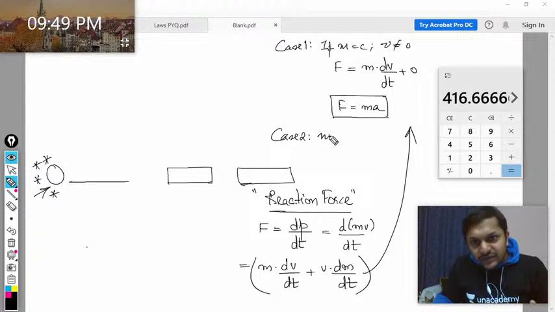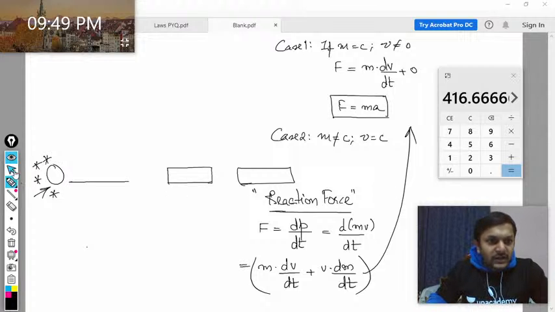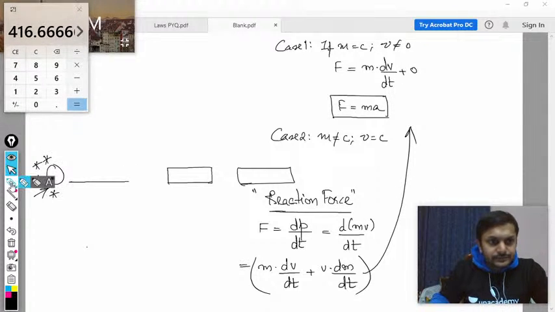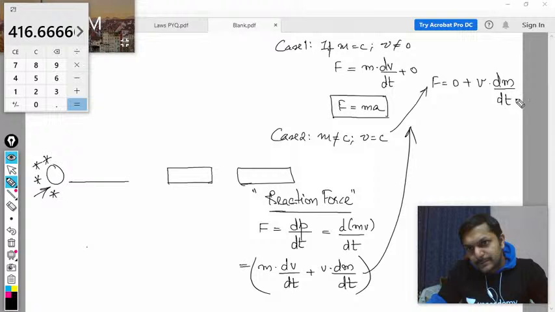Case 2 is when mass is not constant but velocity is constant. So now, what are we going to do? Okay, so dv by dt will become 0. So F will become 0 plus this, which is the reaction force.